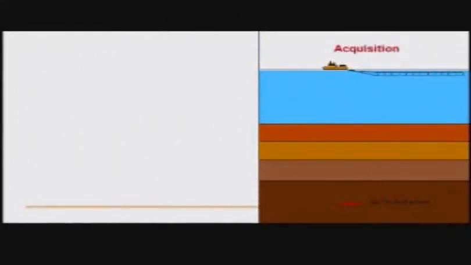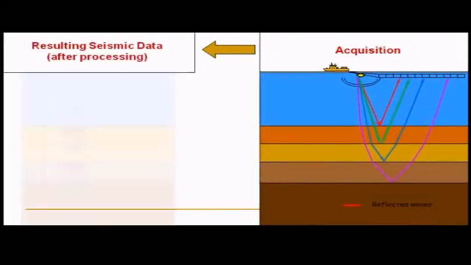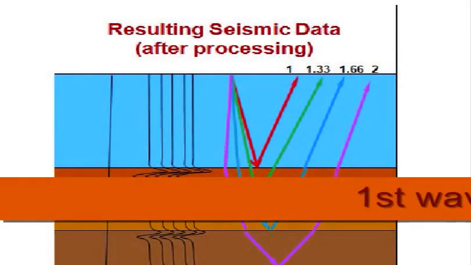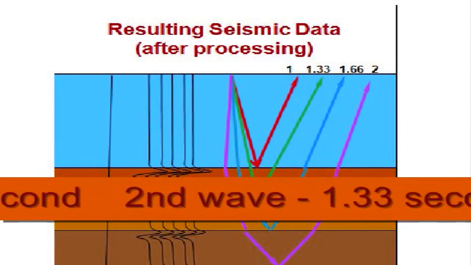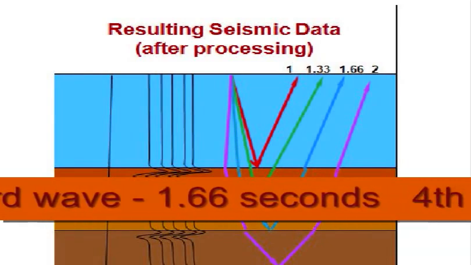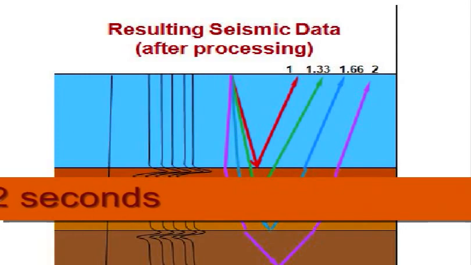Once we determine the velocities of the waves, as I showed you earlier, we can determine the depths of the water. On our chart, we see that the first wave's travel time was 1 second. The second wave's travel time was 1.33 seconds. The third, 1.66 seconds, and the fourth was 2 seconds. With the exact time, we can calculate the depth.